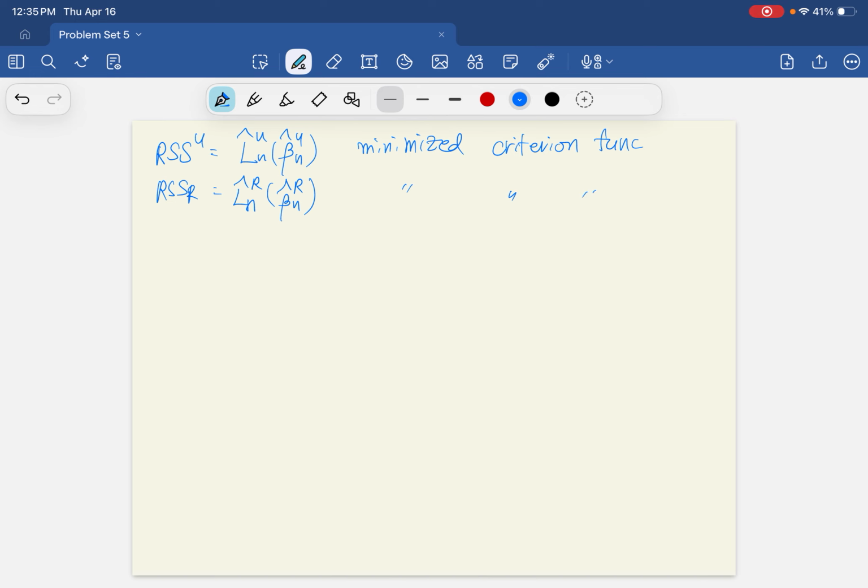This is the minimized criterion function with constraint H0, okay?